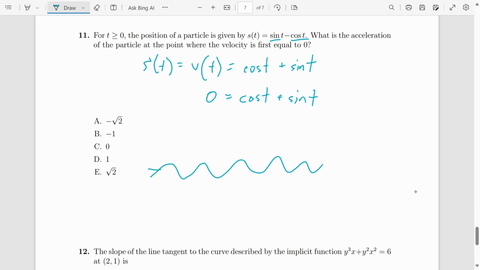For some outputs, there's an infinite number of inputs. Fortunately for us, it's just asking for the first one, the smallest one that is still greater than 0.